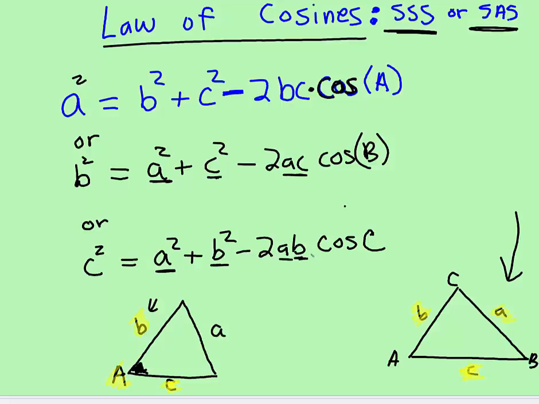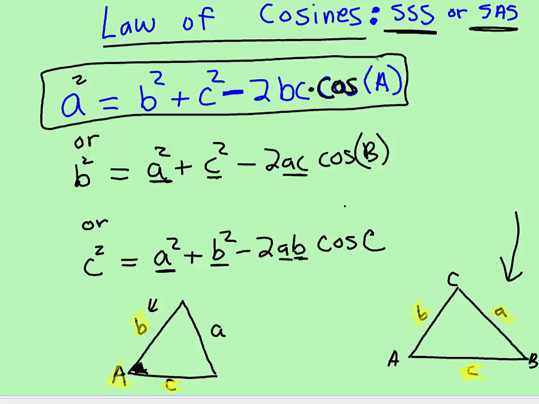So you don't have to memorize three things. Just memorize one and understand that the cosine angle is always the angle opposite the side you're trying to find.